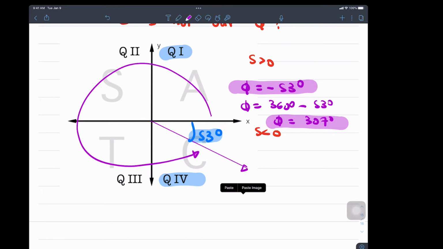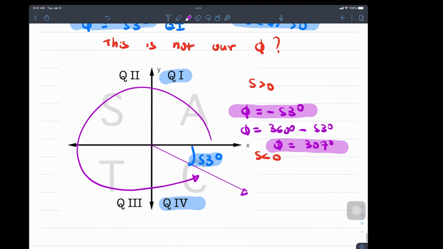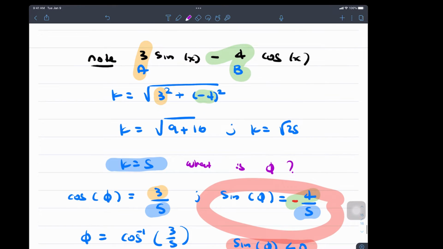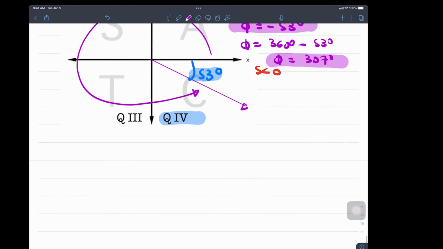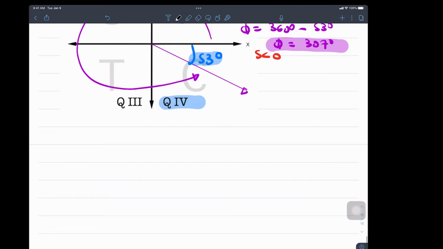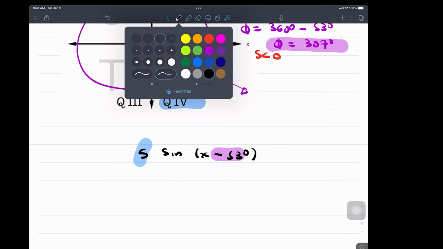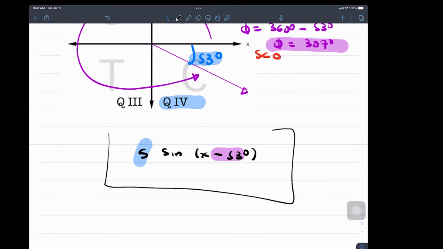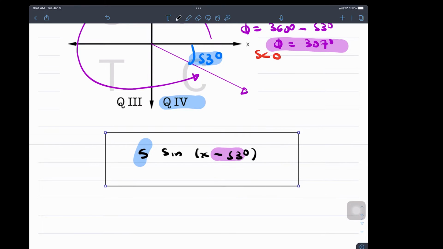So I don't know, I'll pick 307 or minus 53. Okay, so here's what we get now. K is still 5, right? Final answer is 5 sine x minus 53 degrees. Here's K. Here's phi. Here's the answer.